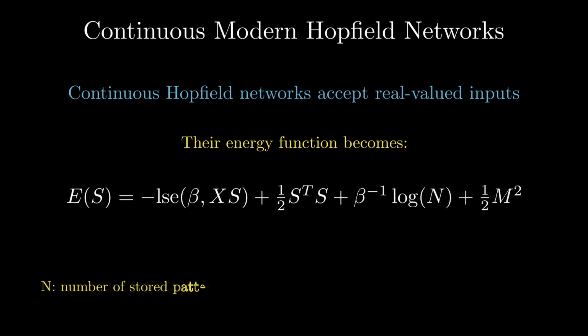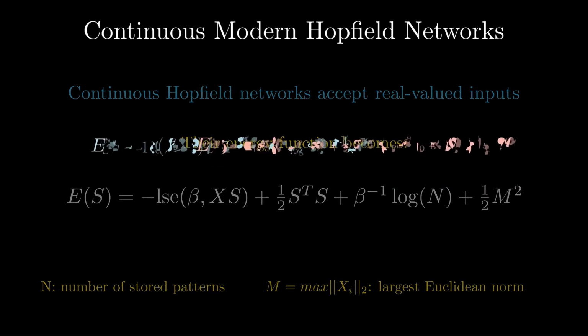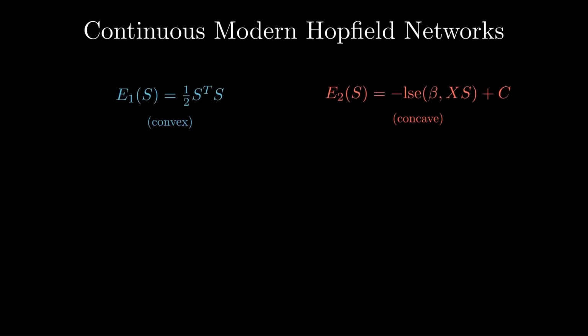To efficiently minimize our continuous Hopfield energy, we apply the concave-convex procedure, or CCCP for short. We split the energy function into two parts, with E1 convex and E2 concave.